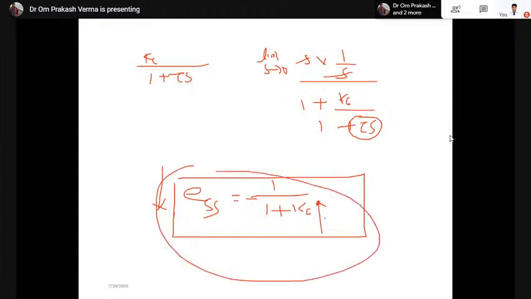But the problem is, if you increase the value of Kc very high, then the proportional controller has a chance to convert into an on-off controller or bang-bang controller. So we are avoiding such a situation. Therefore we have to choose another type of controller, that is the integral controller, the derivative controller, or the PID controller.